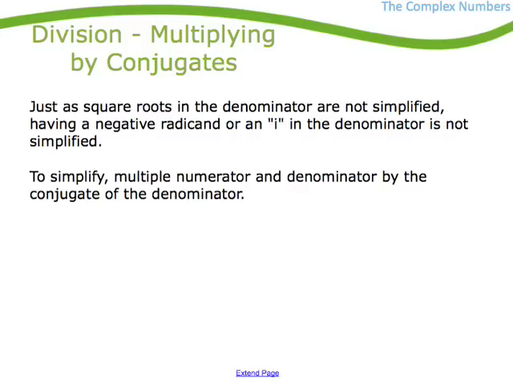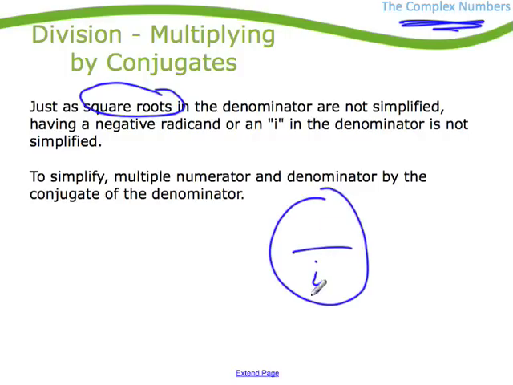All right, just as in radicals and square roots, I cannot have a radical on the bottom of a fraction. Same thing applies when we're looking at complex numbers. If I see an I on the bottom of a fraction like this, I shudder and say, you can't have an I on the bottom.